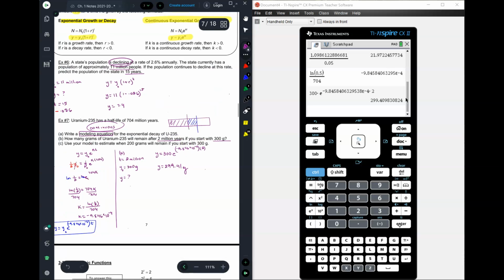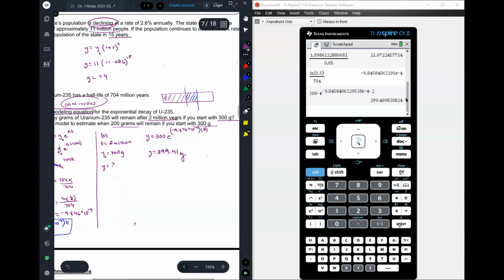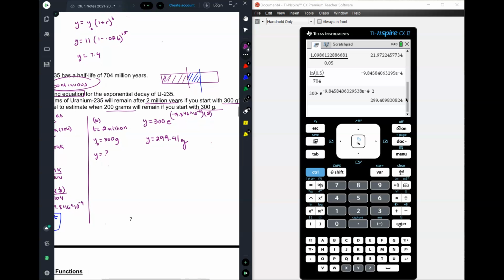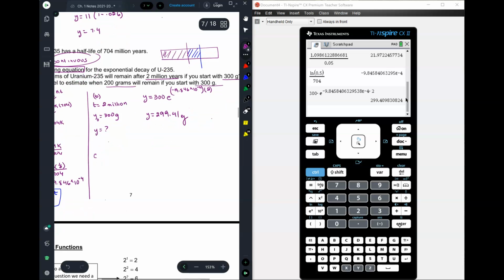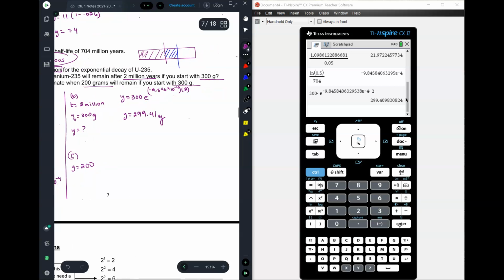Okay, next. Use your model to estimate when 200 grams will remain if you start with 300 grams. So when will 200 grams remain? So now y is 200. So we're going to plug it in here.